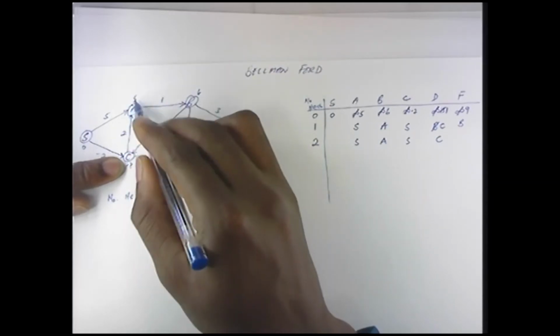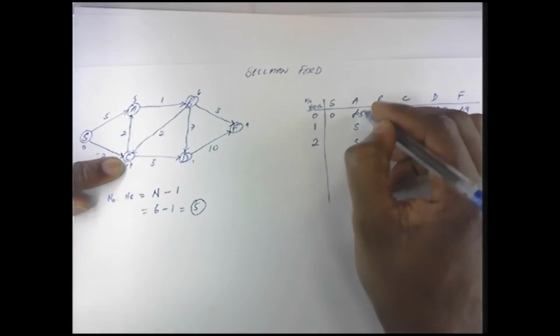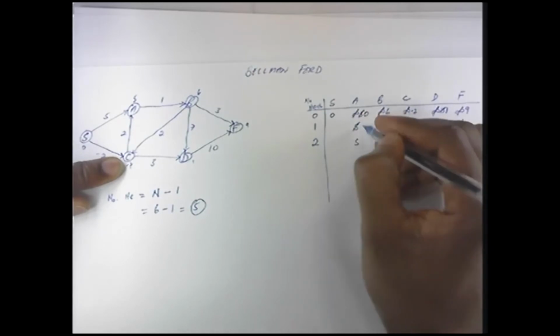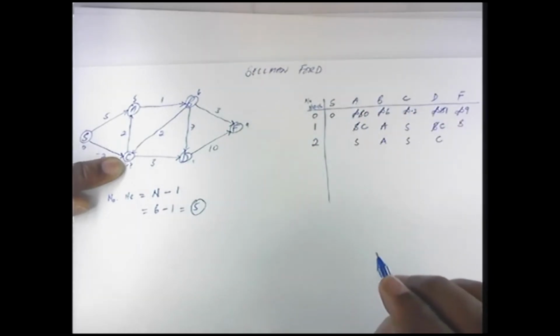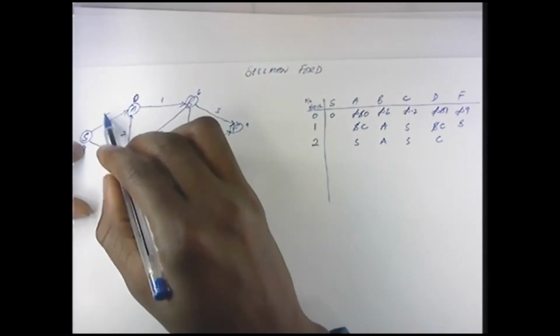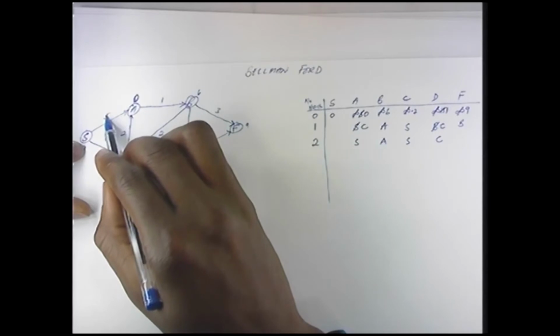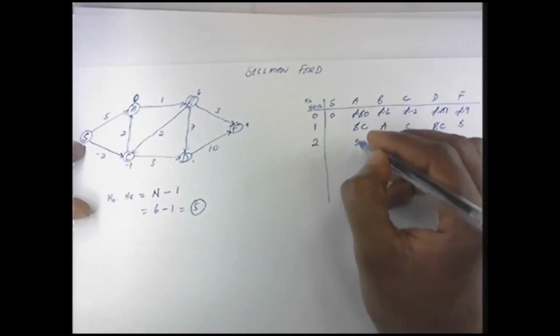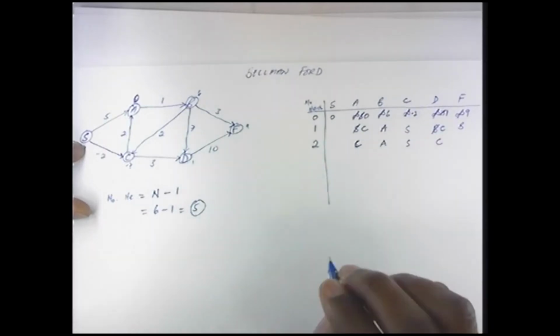Is 0. So it means 5 would have gone to 0 and this would have changed to C. Okay. So it means when we come back, this is to be 0 and 0 plus 5 is 5. 5 compared to 0 is 0. So it means this also changes to C.